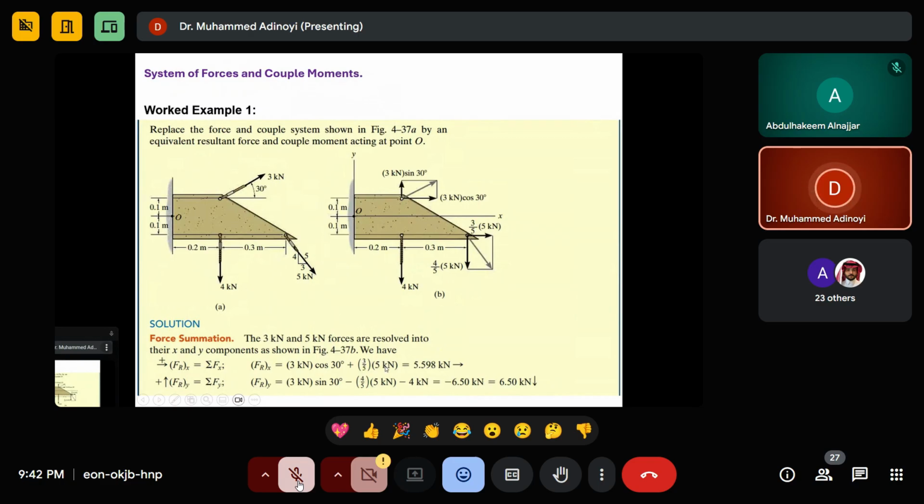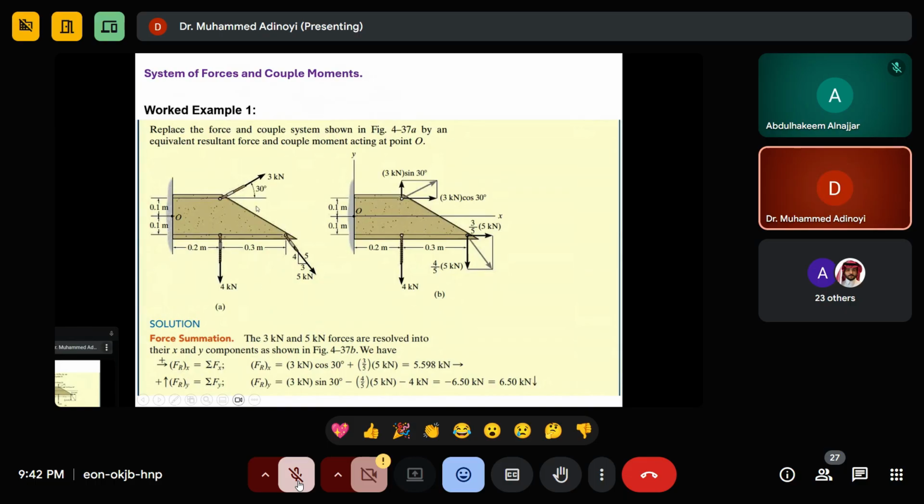So that's why 3 over 5 multiplied by 5 kilonewton. These are the only forces you can resolve into horizontal. This one, the Fx here, is 0, because this one is directly y. So that is why you don't find it here. When you add the two of them together, you have 5.598 kilonewton.